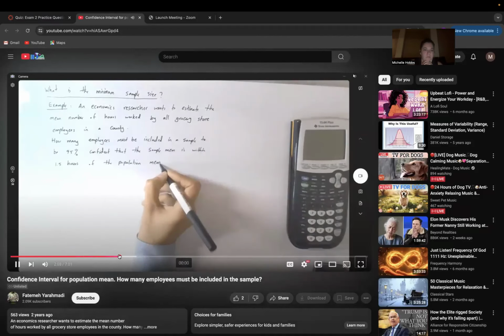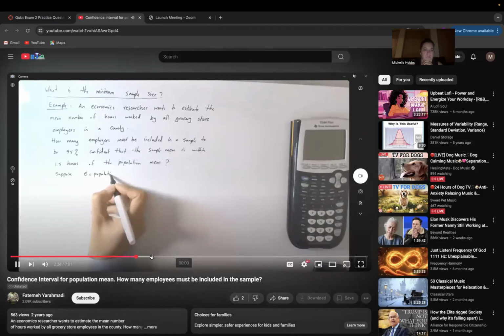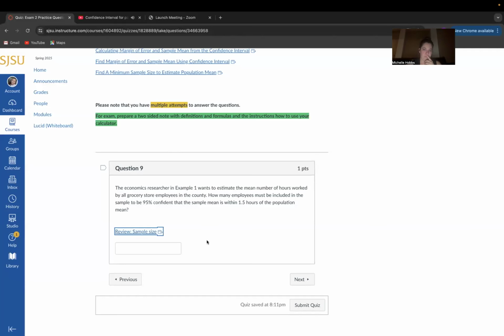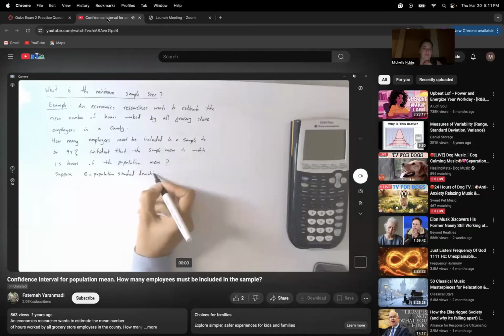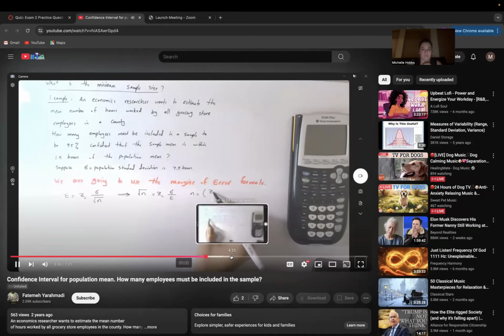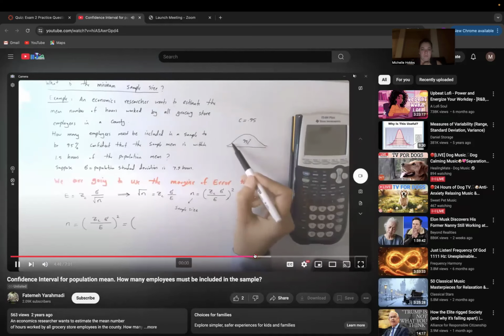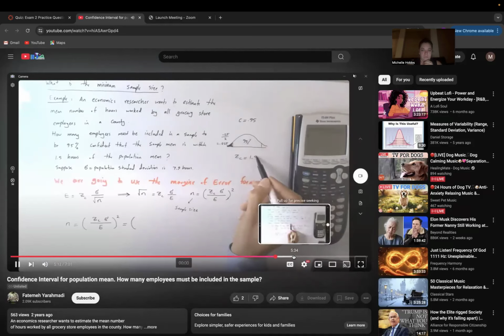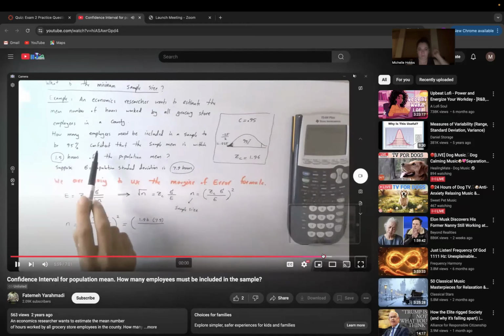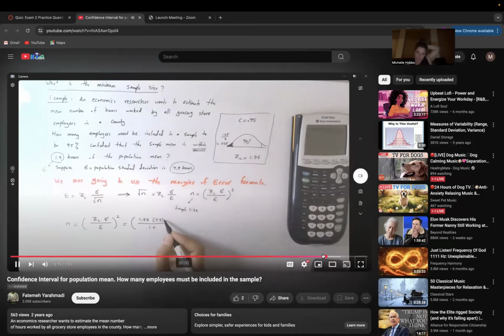The standard deviation is given, and the margin of error is 1.5.